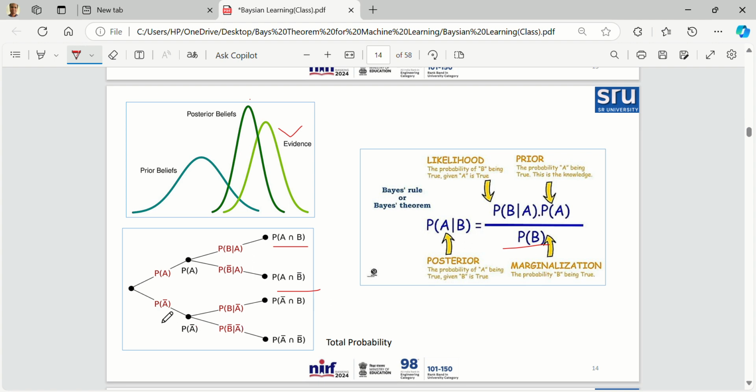Similarly, for the probability of A complement, there are two cases: probability of A complement intersection B and probability of A complement intersection B complement. So the sum of all the four is your total probability.